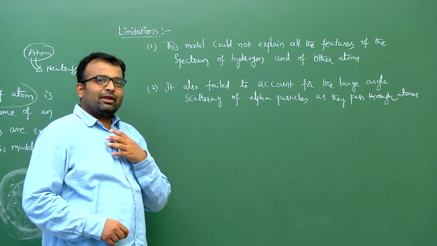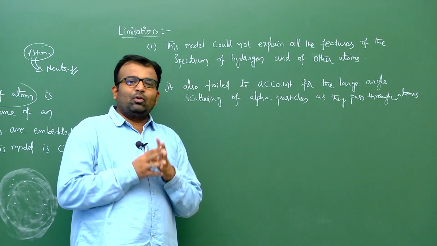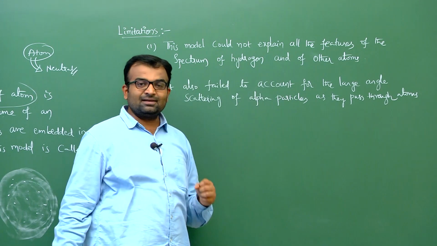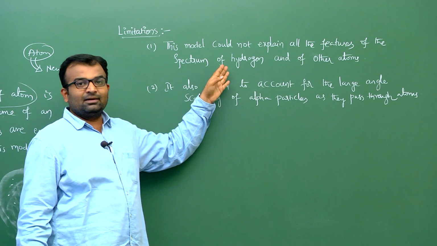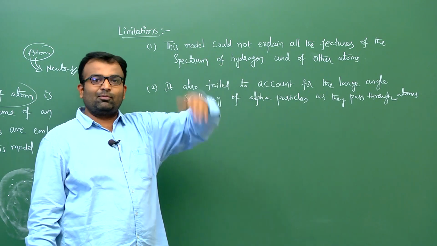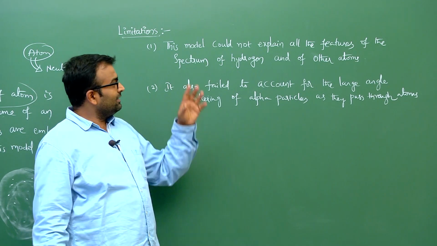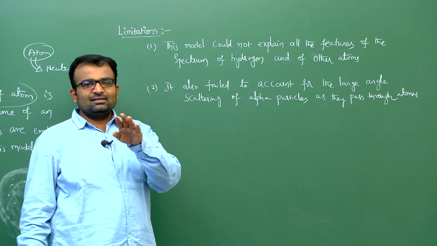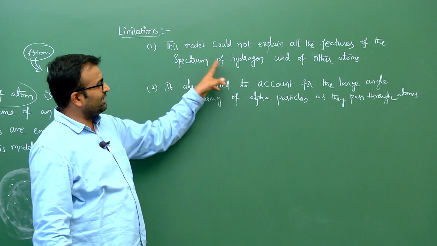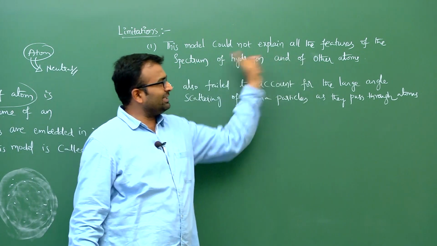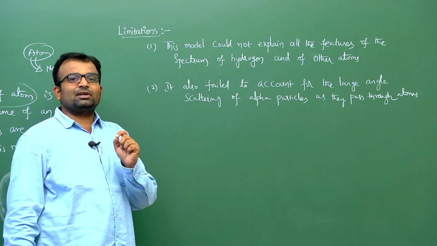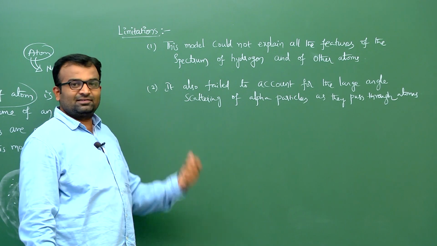Here we need to take care about what actually the spectrum of hydrogen or of other atoms is, because even this is going to be a continued limitation for the Rutherford model. Niels Bohr gave some atomic model, and somehow he explained the hydrogen spectrum, but even he failed to explain the spectrum of other atoms. So there is a necessity of discussing what actually that spectrum is.